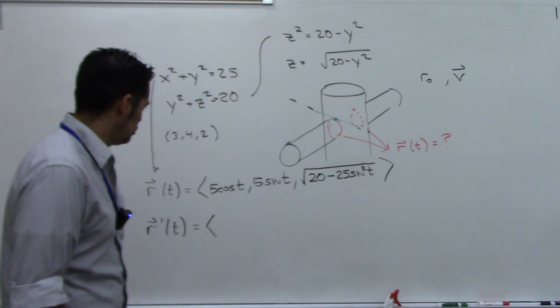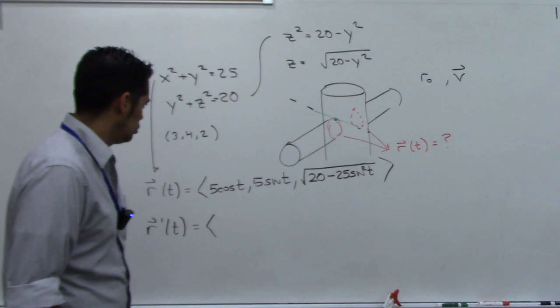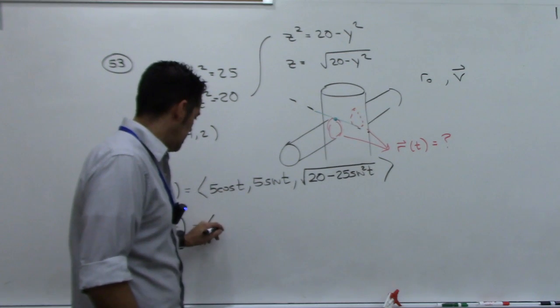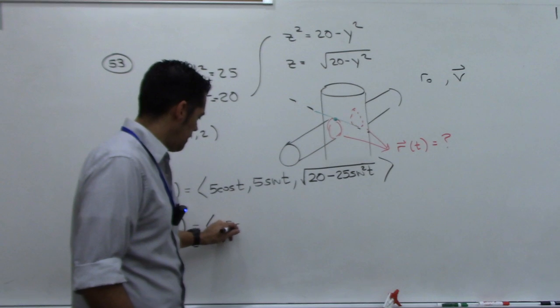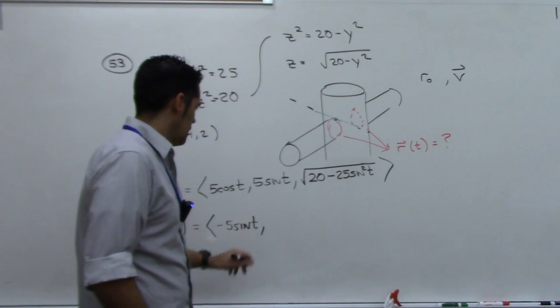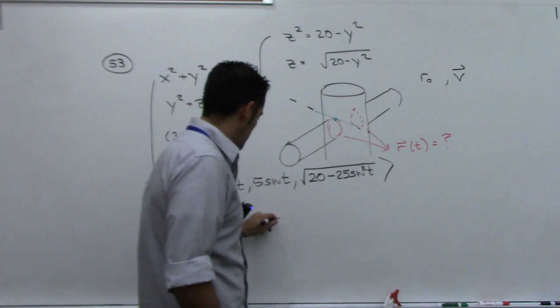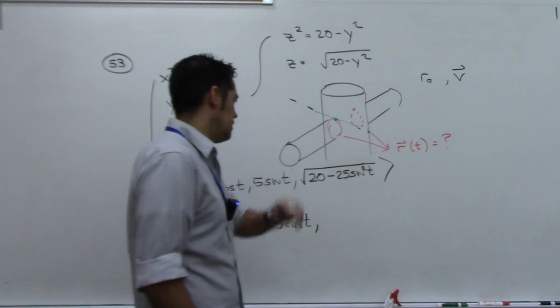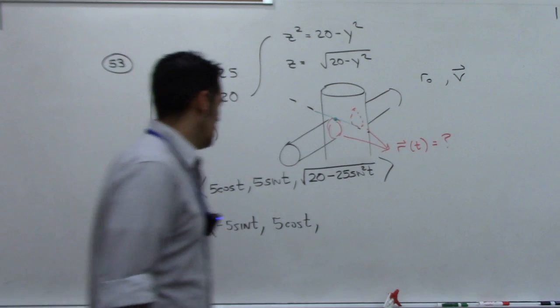So what do we got derivative-wise? So take the derivative here, you get negative 5 sine t. And then take the derivative there, you get 5 cosine t. And then this derivative actually sucks pretty bad.